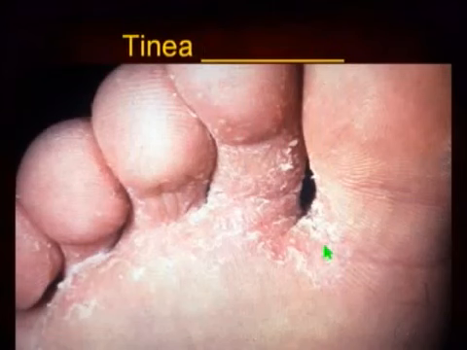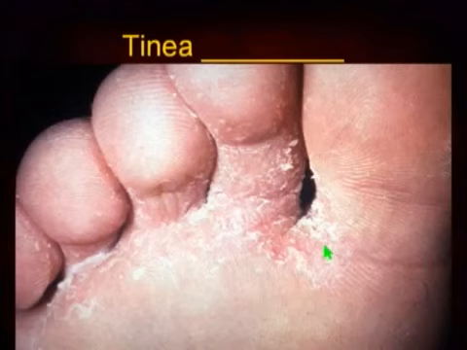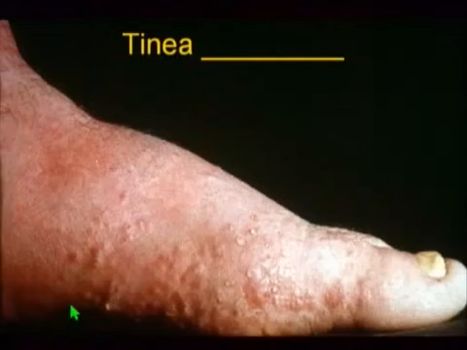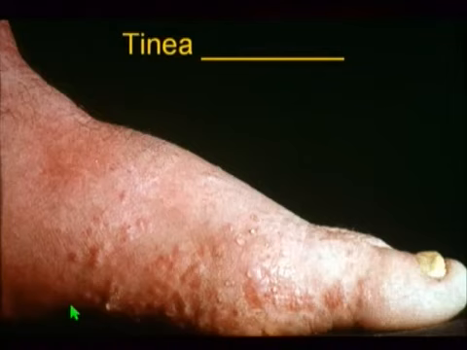Here's an example of tinea pedis. Again, erythematous patches with scale, particularly along the toe webs. If you looked in between this patient's toes, you would see even more of the same, as well as some maceration probably in there as well. Here's another example of tinea pedis, but this is an inflammatory variant.